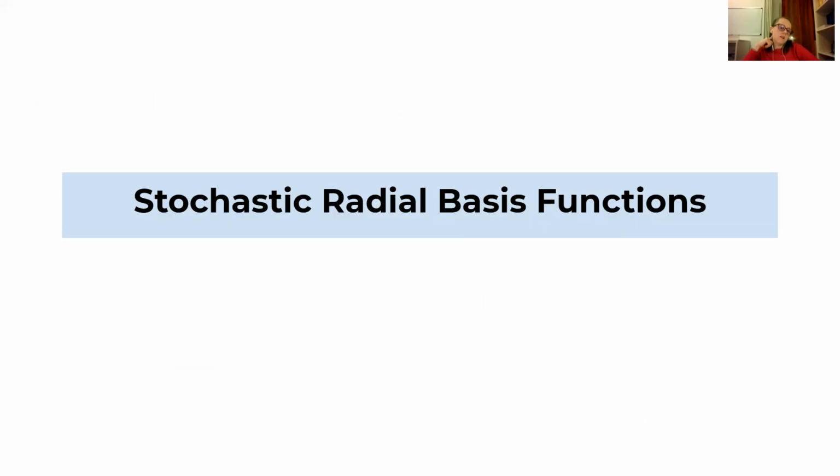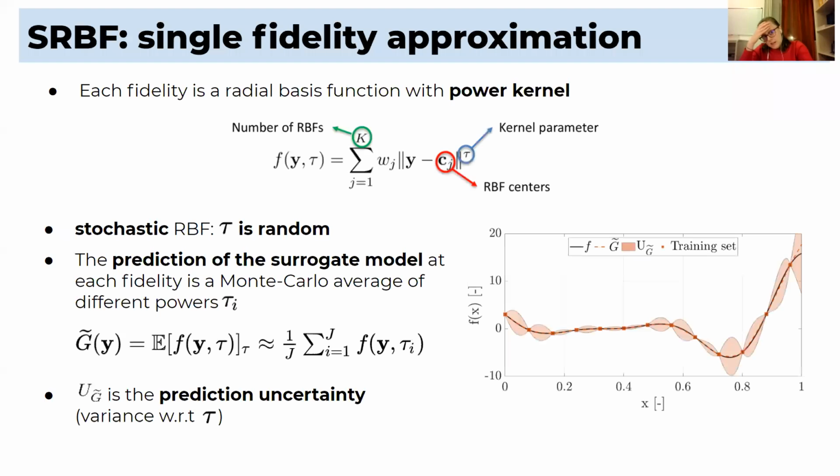Great. So we can now look at stochastic radial basis functions, so we change perspective, change method. I want to start with just the single fidelity approximation, to understand what is going on.